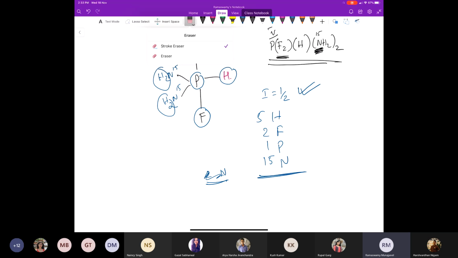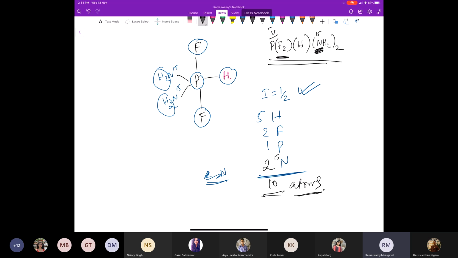Let me write it slightly better. So essentially you have 5 plus 2, 7 plus 8 plus 2, 10 atoms. All 10 atoms are non-quadrupolar, NMR active, I is equal to half nuclei. If I really look at the spectrum, it's obviously going to be complex.